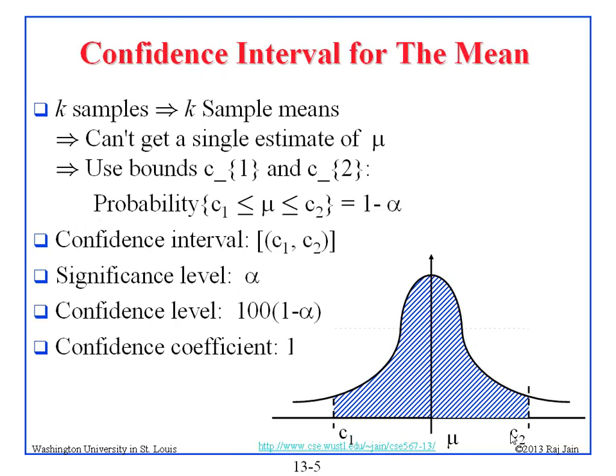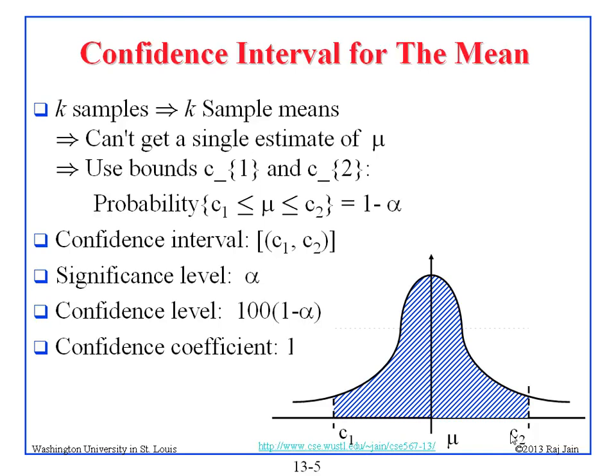So if you take k samples, so you have a million numbers and you took one sample of 100. Now starting with one sample, you take 2 samples, 3 samples, 4 samples. As you increase more and more samples, you will get more and more sample means. And so now what you can do is, based upon these, you somehow want to put some bounds of probability of being wrong or right.